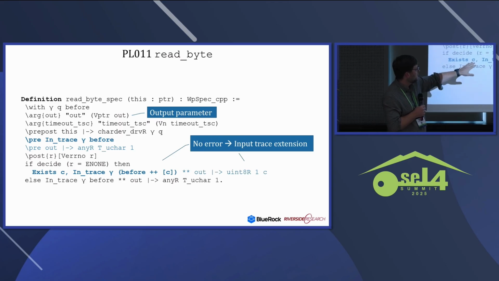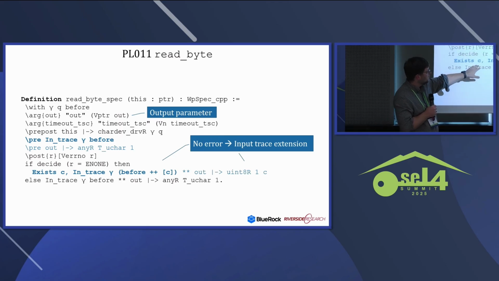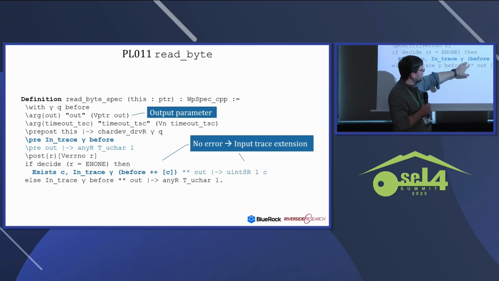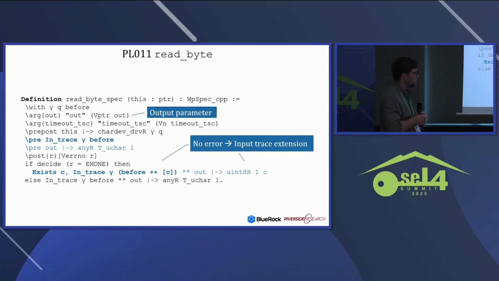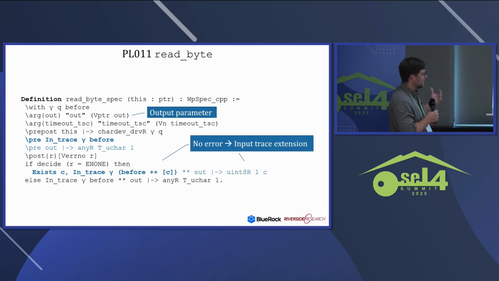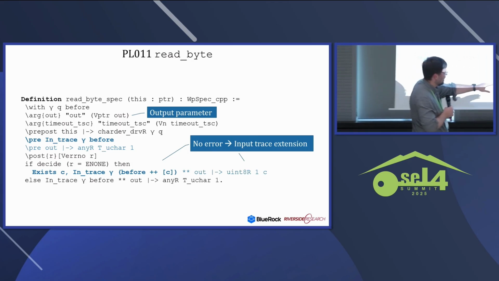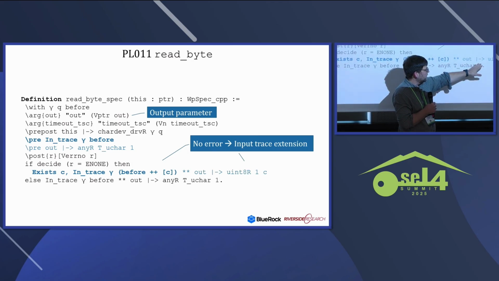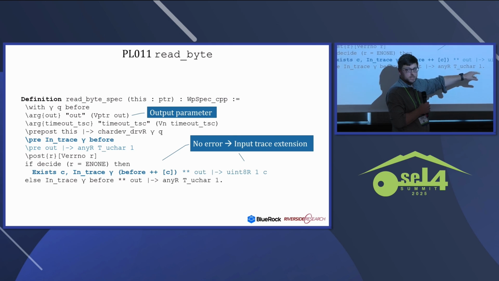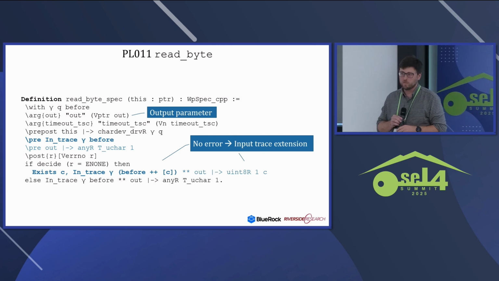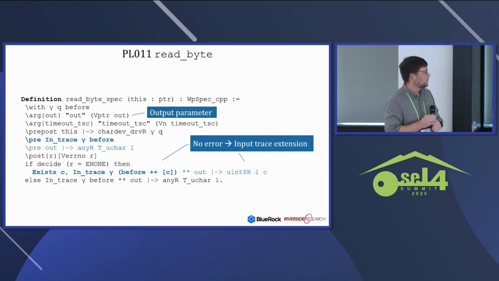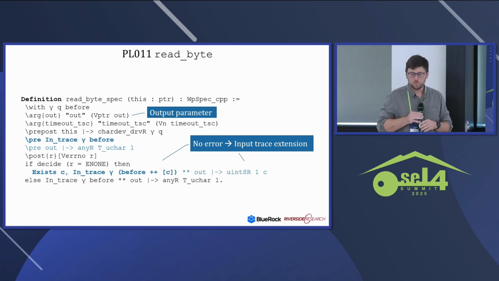If R equals E none, then there exists some C in the input trace of the UART. You can think of the input trace as containing all the characters that we know that the UART has received so far. And out contains that 8-bit integer C as well. So this is a trace level specification of a read function on a UART, which is derived from all of these pieces that I've showed you so far in the talk.